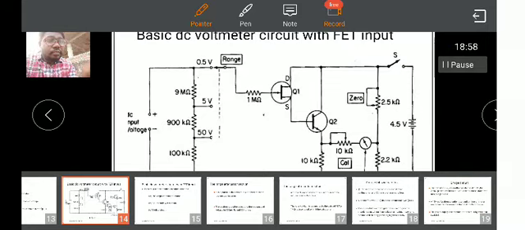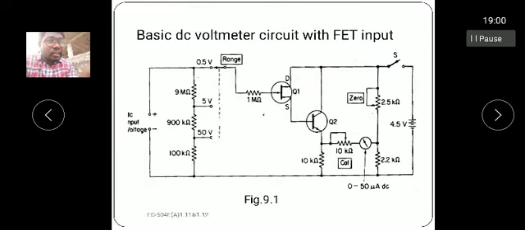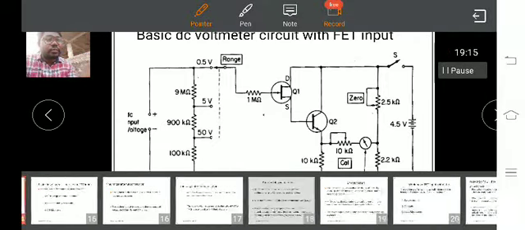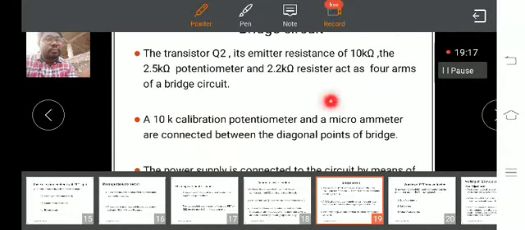The potentiometer and the 2.2 kilo ohms resistance act as the 4 arms of the bridge, here, here, here. The 2.2 kilo ohms resistor, the 10 kilo ohms resistor, and the zero adjustment potentiometer form the resistances of the bridge circuit.